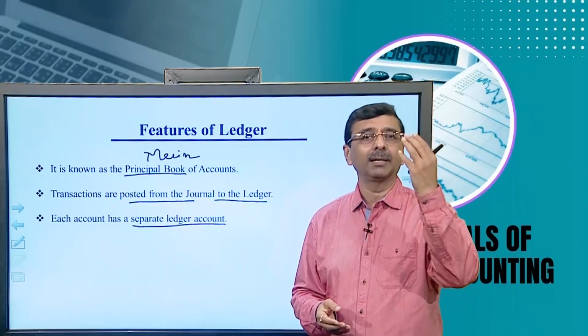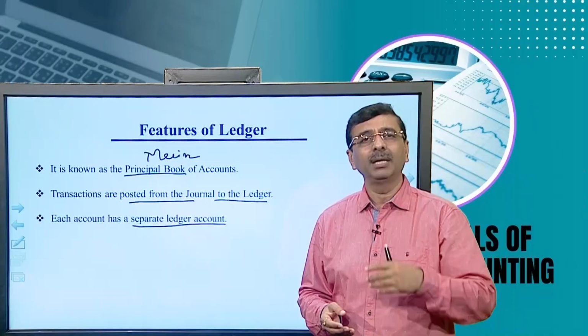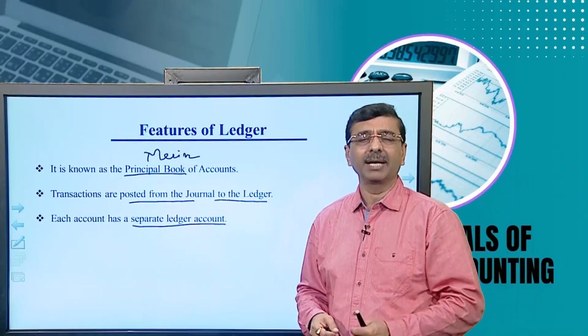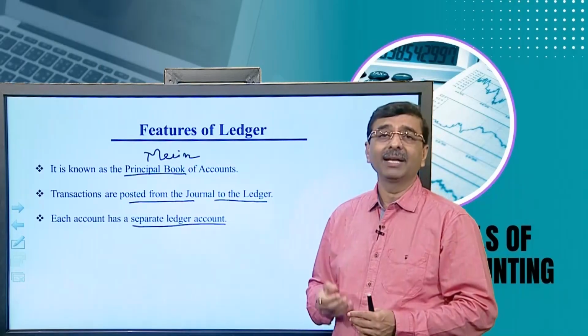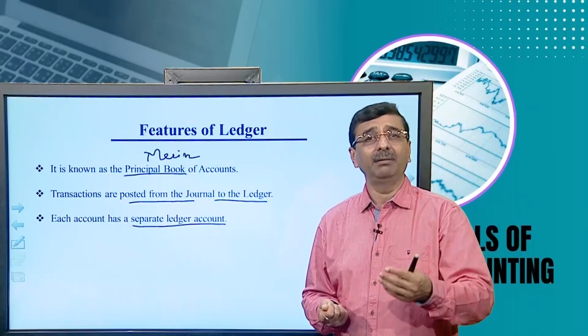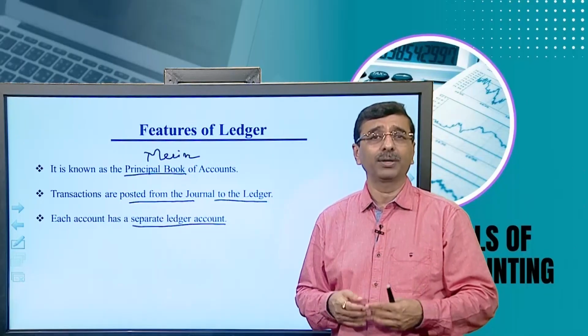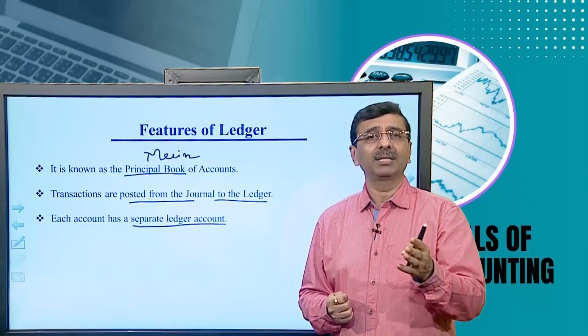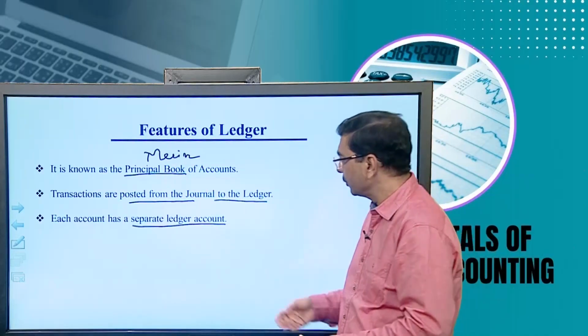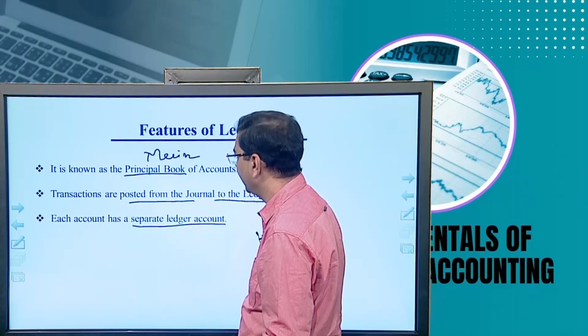Then assets like land and building, plant and machinery, furniture, vehicles, equipment, etc. Or expense accounts, like all kinds of expenses which are paid, such as salary account or rent account. At the end, these accounts will be transferred into the profit and loss account. So all these accounts will be prepared in the ledger book.